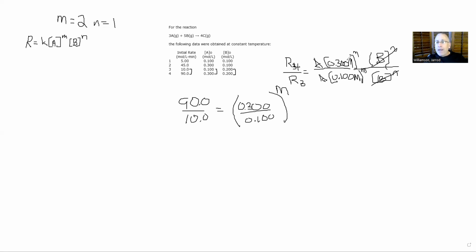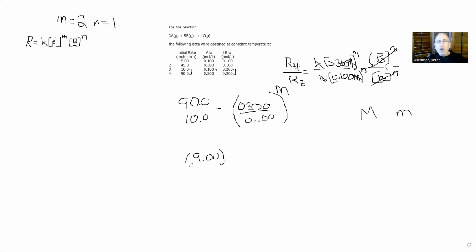The capital M, molarity, will cancel out. Remember, the molarity is supposed to look like the capital pointy M, and the exponent is the curly roundy m.